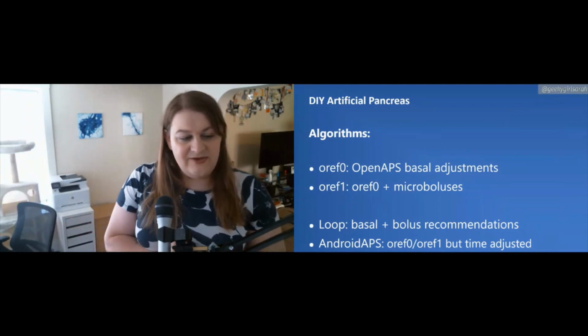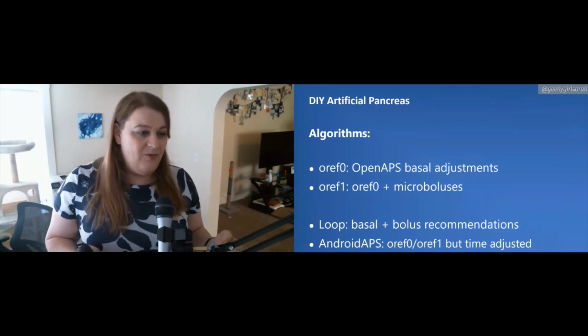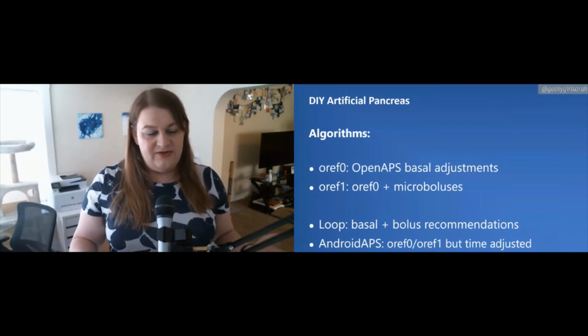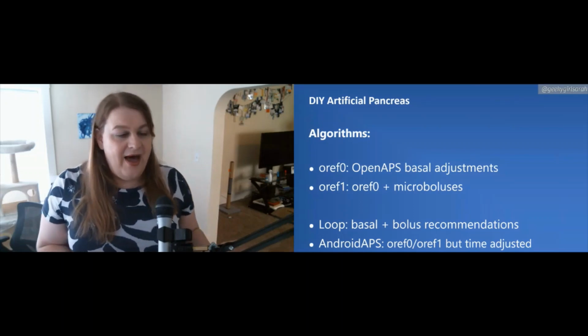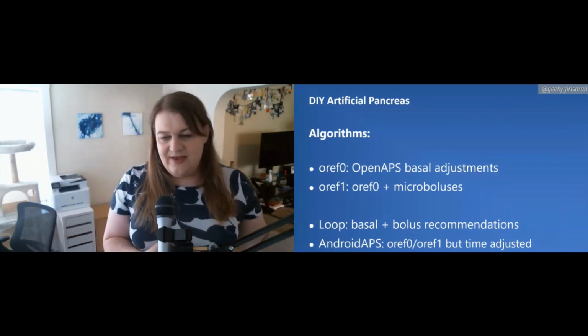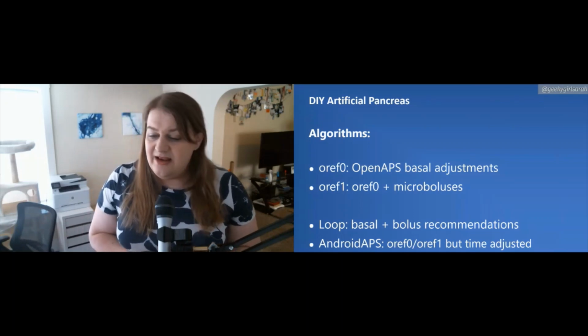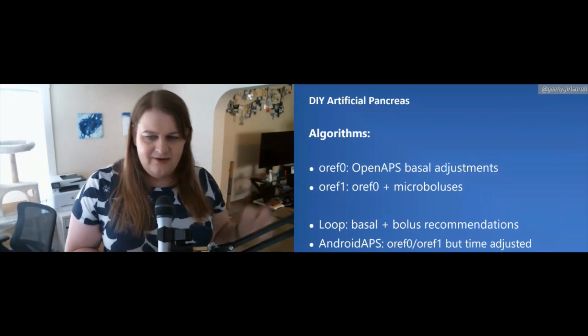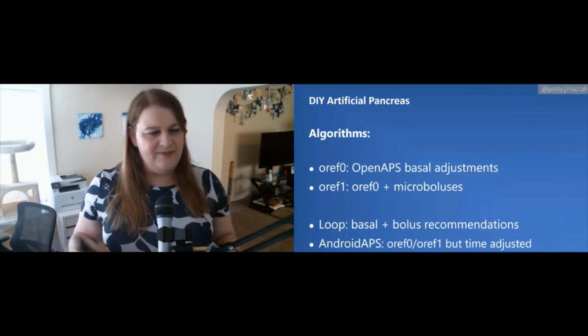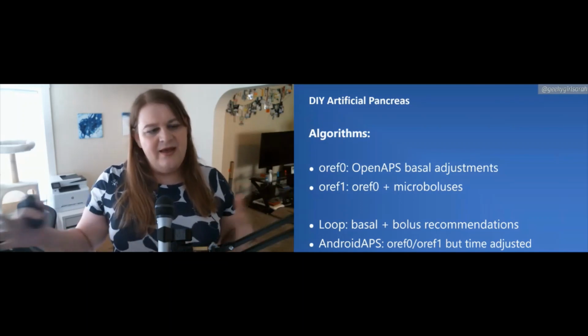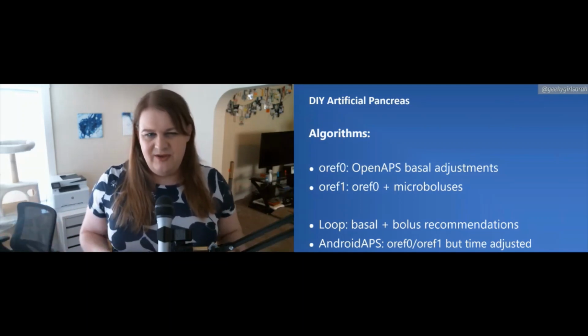Loop will also modify your basal and will give you suggestions on when to bolus and how much to bolus for. There's newer branches that are still in development that can do the automatic bolusing. And then Android APS is basically, like I said earlier, OpenAPS, but there's some adjustments in there. I think they changed the timeframes of some of them.